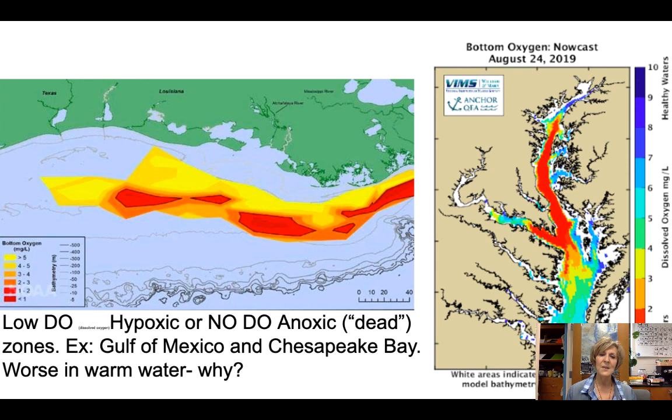And so what happens is that these areas are either hypoxic or anoxic zones where there's literally nothing alive because the oxygen is so depleted. In the Chesapeake Bay, which is near where we live, we also have anoxic and hypoxic conditions, especially because the Chesapeake Bay is very narrow and very shallow, and it is also near very high population centers.